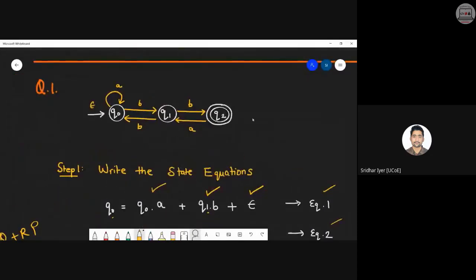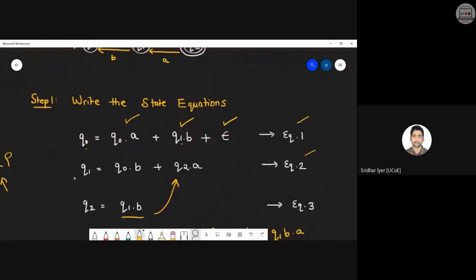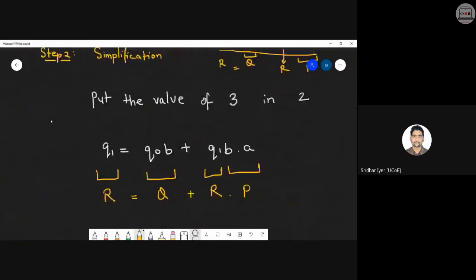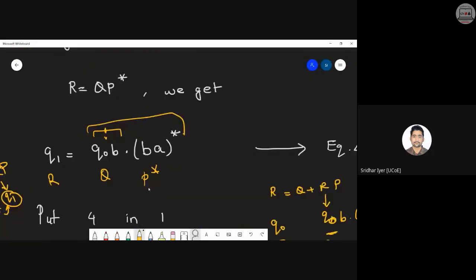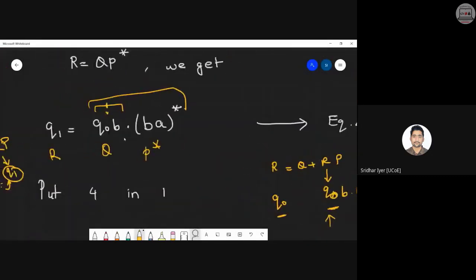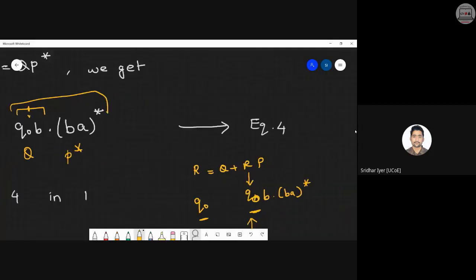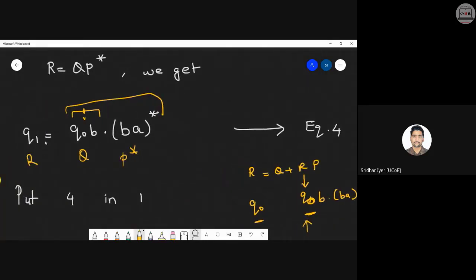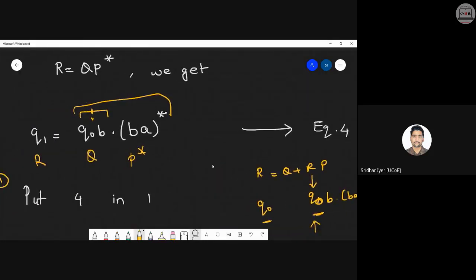So making use of this Q0, can I put it over here, for example, in this equation? Can I put it in equation number 4 and get the value of Q1? It's simple. I got the value of Q0, and Q0 is all in terms of alphabets. I can put that in this particular equation number 4 and get the value of Q1.